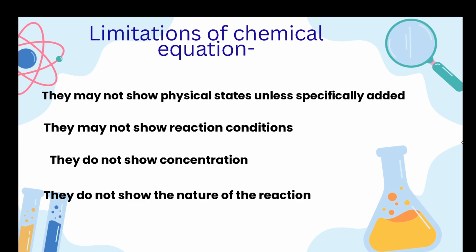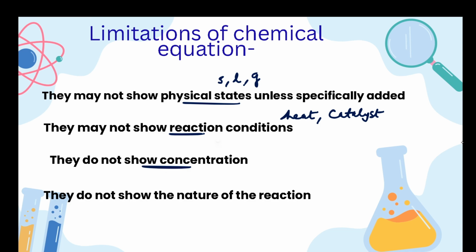Now there are certain limitations also to these chemical equations, and the limitations are they may not show physical states. For example, in a given chemical reaction, it may not be specified whether the reactants are present in the solid state, liquid state or gaseous state. So that becomes a limitation. Then the conditions may not be shown, like whether the reaction is taking place in the presence of heat or catalyst. So that is again a limitation. Then they do not show the concentration.